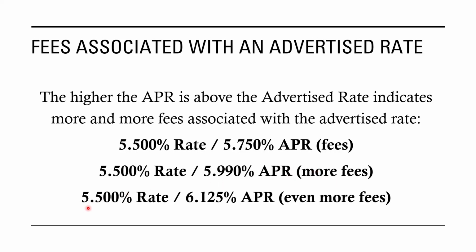And finally, the 5.5% rate with a 6.125% APR indicates even more fees. The higher the APR rises above the advertised rate indicates progressively more and more fees associated with that rate.